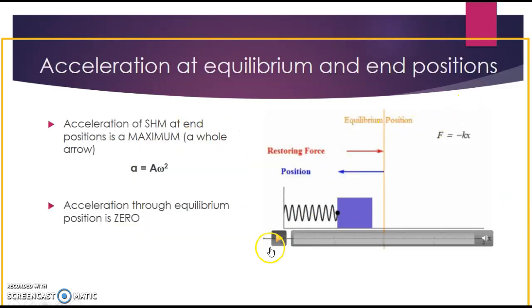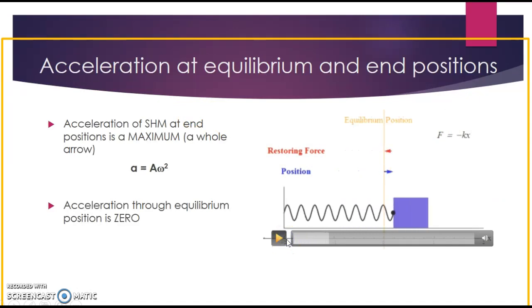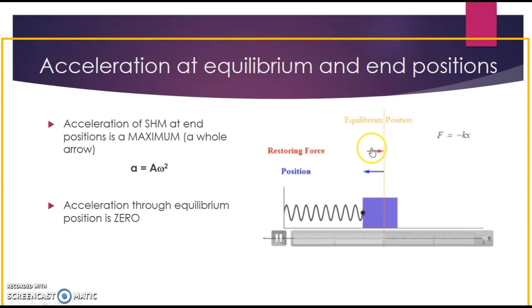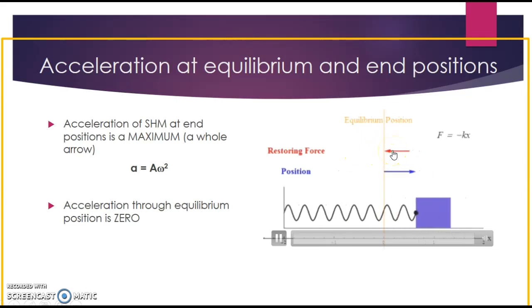Finally, let's have a look at this one. Remember that the restoring force is always towards the middle, and so the acceleration is also always towards the middle. If we just play this video clip, you can equate this and the acceleration, the top arrow. Acceleration at the ends is at a maximum, so full arrow, and the acceleration through the equilibrium position will be 0.